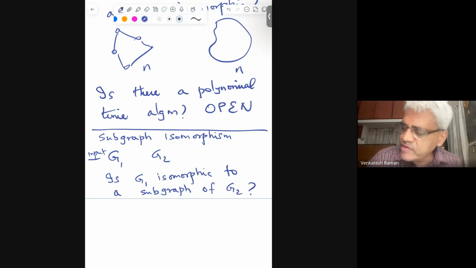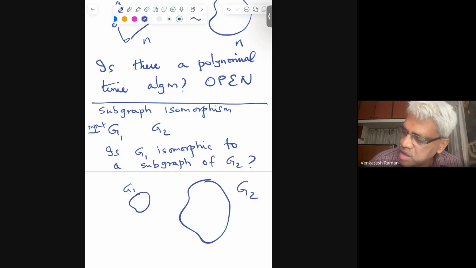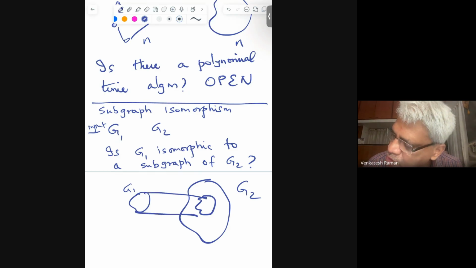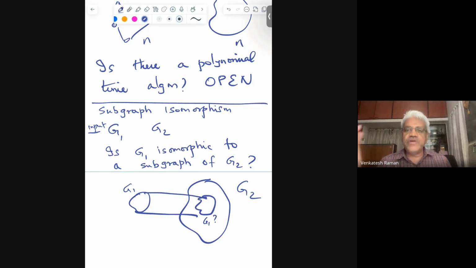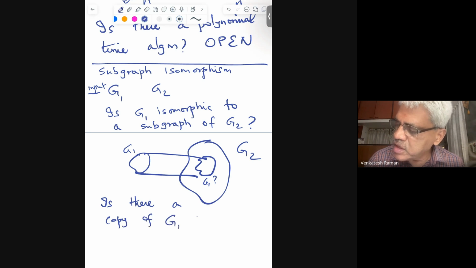So then this question is asking, here is my G1. Is there some subgraph here which looks isomorphic to G1? So is there a copy of G1 inside G2? You can think of it as, is there a copy of G1 inside G2?